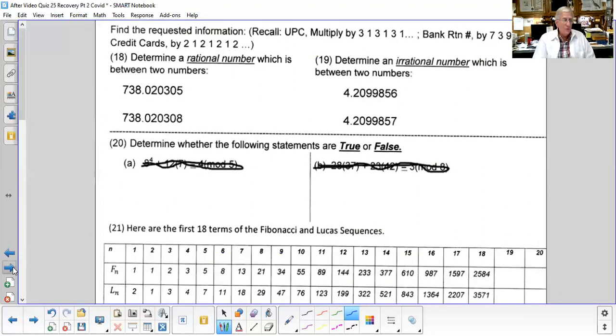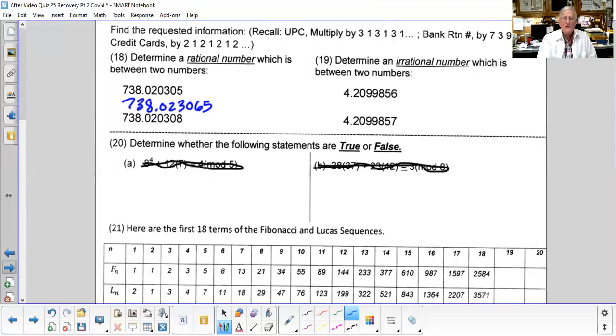To get a rational number between 738.020305 and 020308, you need to take those two numbers, add them together, and divide them by 2. When you have done that, you will get this number, which is exactly halfway between them.